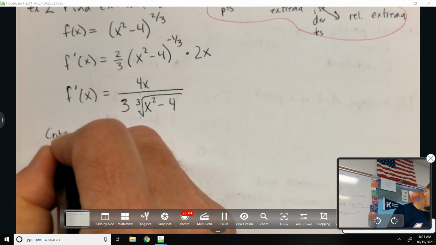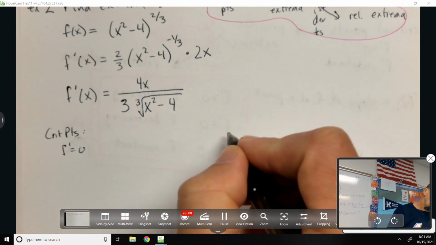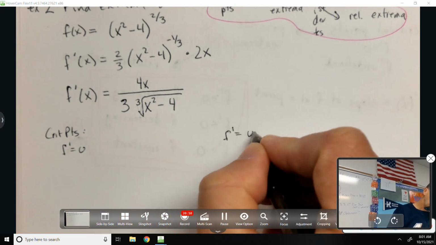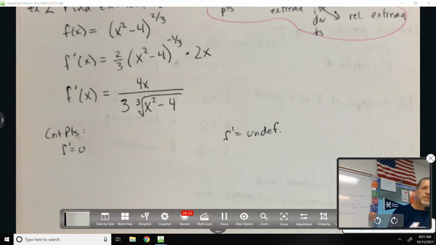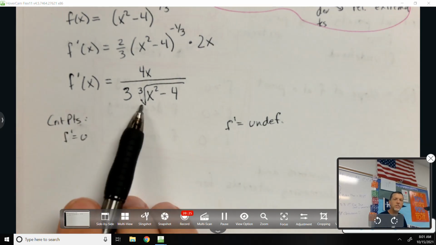Alright, so job 1 is to find critical points. That's where f prime equals 0, or where f prime is undefined. So what would make my derivative equal to 0?